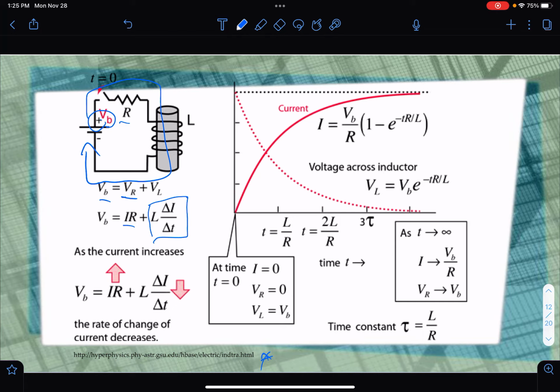When you work it all out, we can determine our current through an inductor, and then this is going to be the voltage. Now remember, the current is the same current through the whole system. It's our voltage that's different across the resistor or inductor depending on what's happening. But your current is that one flow of charges, so you can use that current through the inductor or through the resistor.